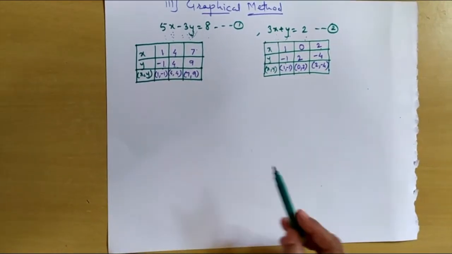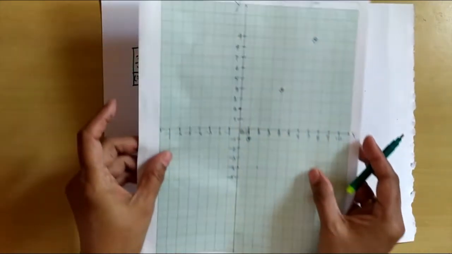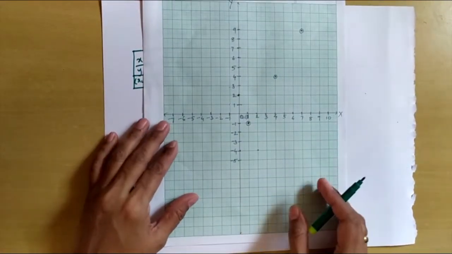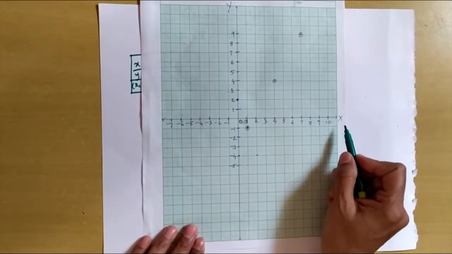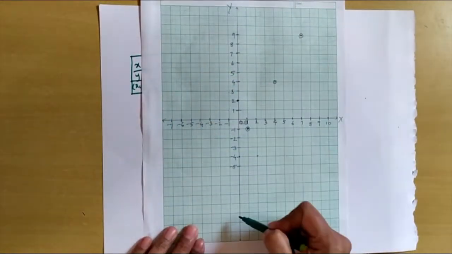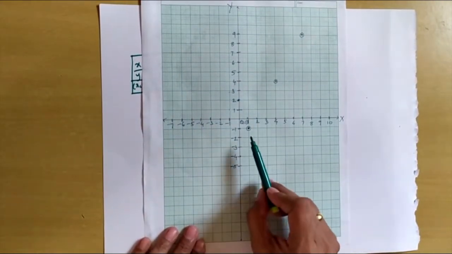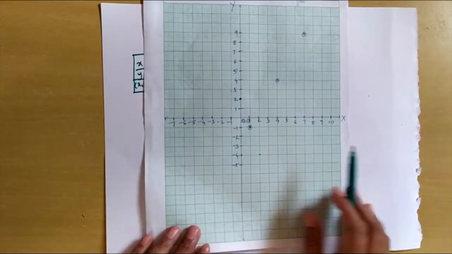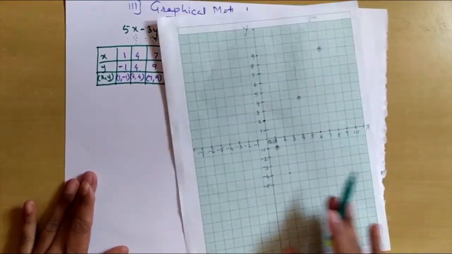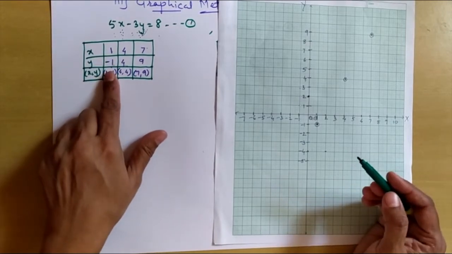Now the next step is you have to take a graph paper, and as you know, on the graph paper you have to draw x-axis horizontal, vertical y-axis. Now go on writing down the coordinates. Okay, now let us plot the first table, x as 1 and y as minus 1.